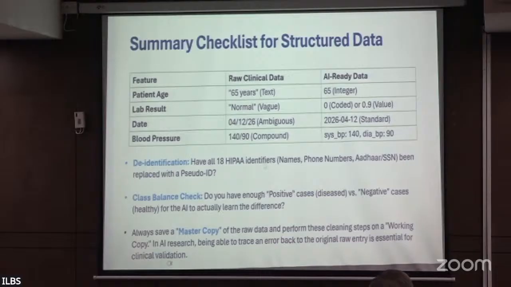The 18 HIPAA identifiers are a regulatory term, sir. This is used for the identifiers. Address and phone number are very much identifiable. The person can be identified by the phone number.